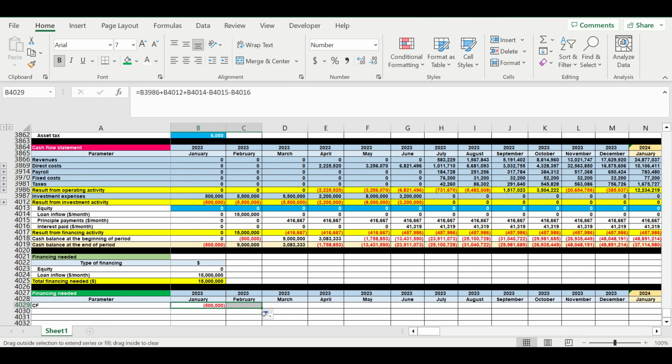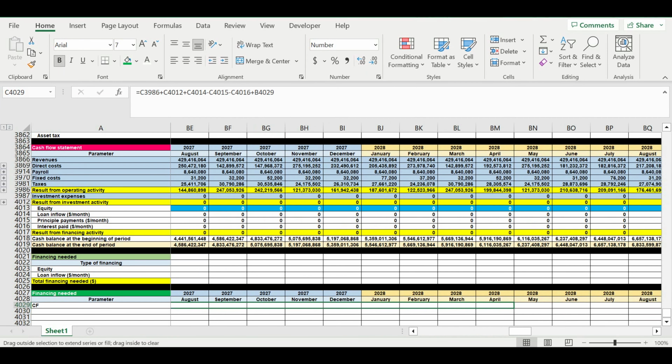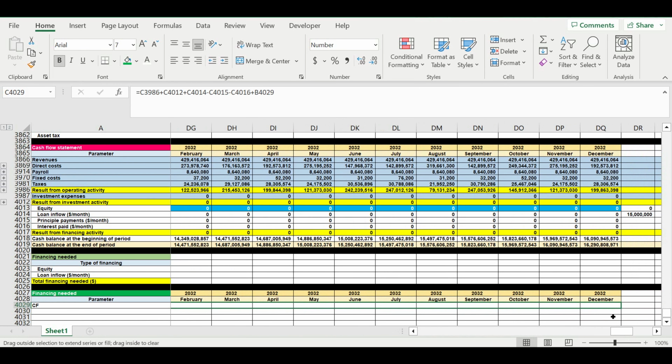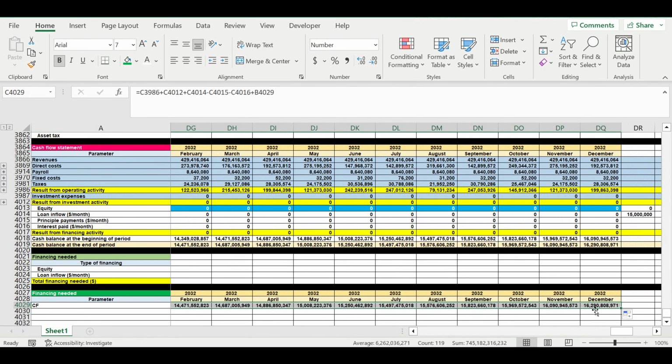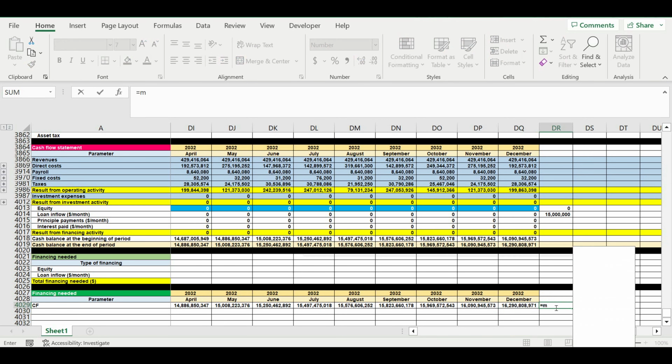Now I'm extrapolating this formula to the right, then I'm going here, adding the previous value, making this line cumulative. Now I'm extrapolating this formula to the right. And here I am searching for the minimum value in this line.